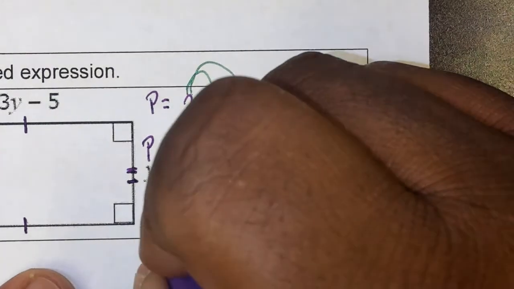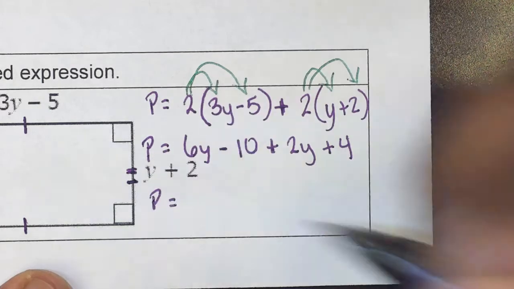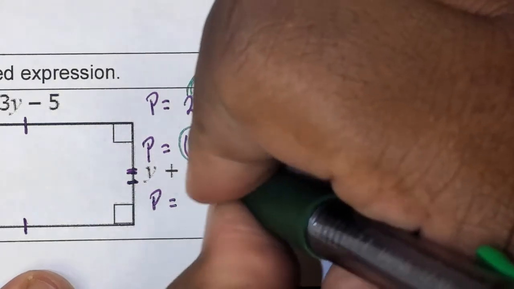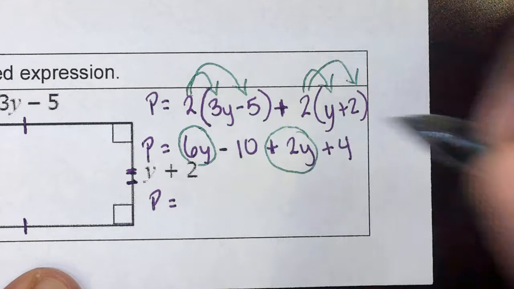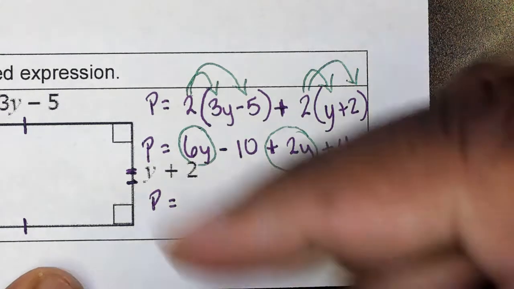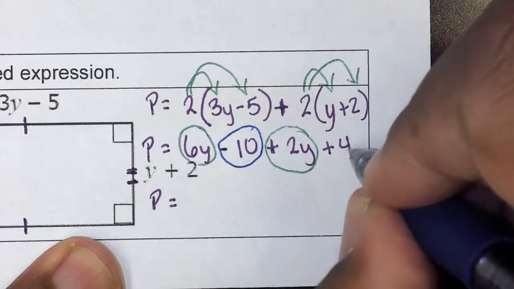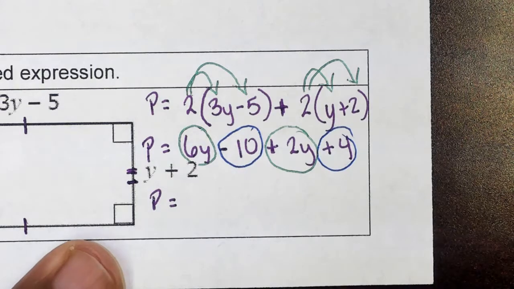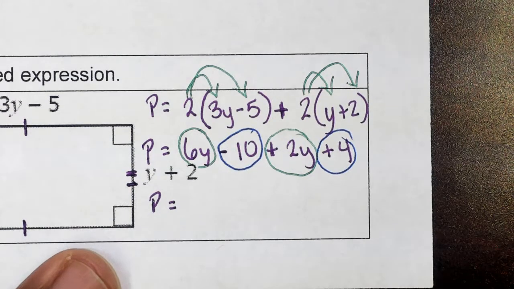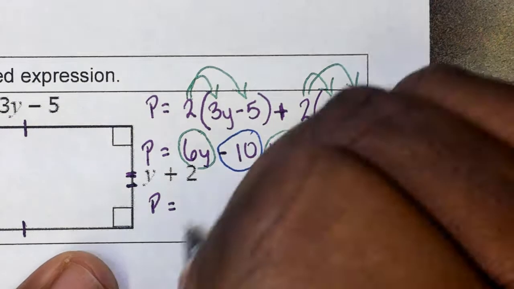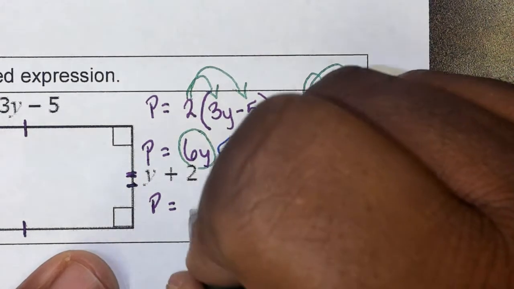The next and last thing you need to do is combine like terms. Got like terms here and here. And then 2 constants here and here. Should have boxed one and stuff with the other, my bad. So 6y plus 2y, 8y.